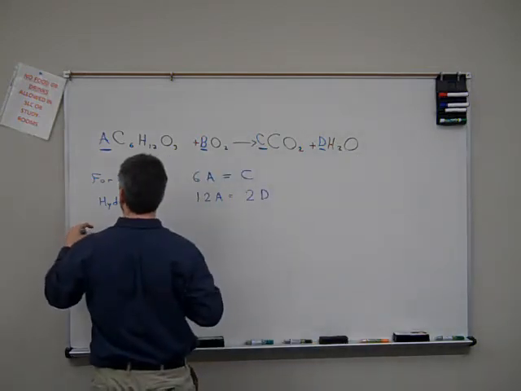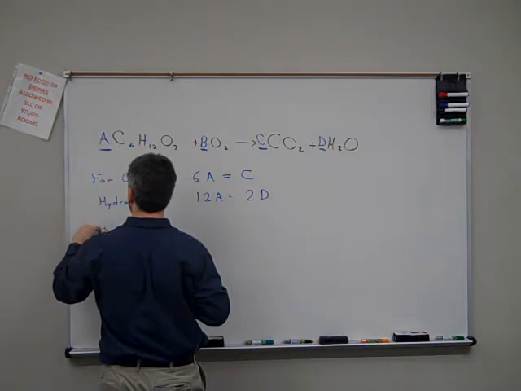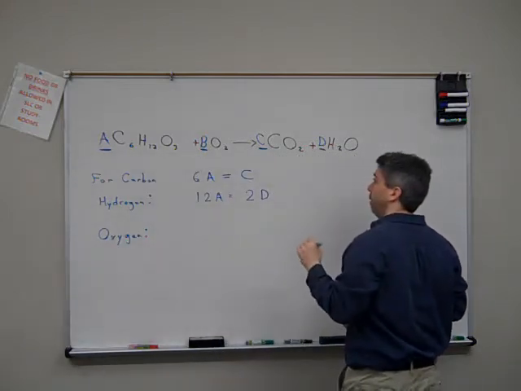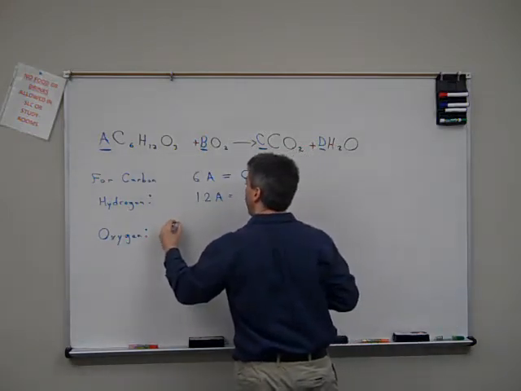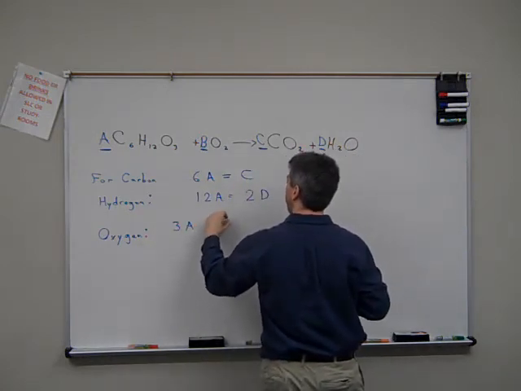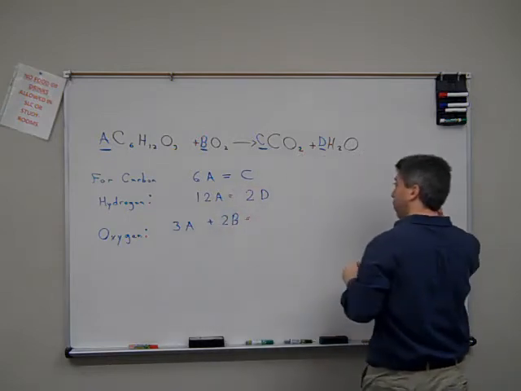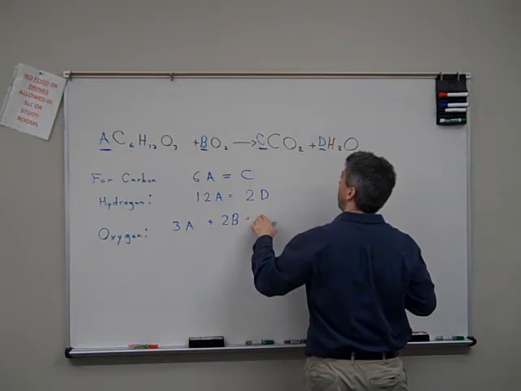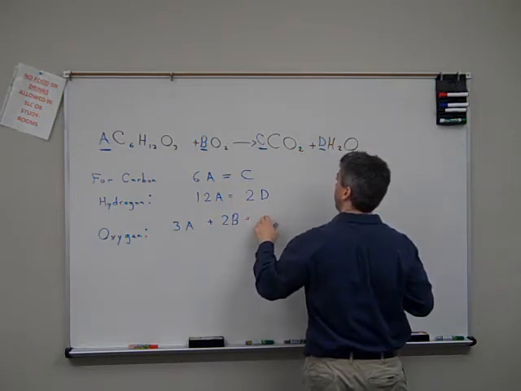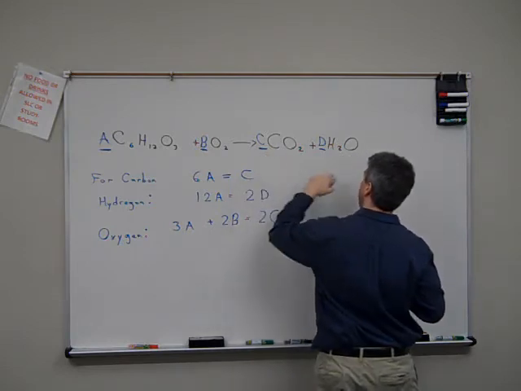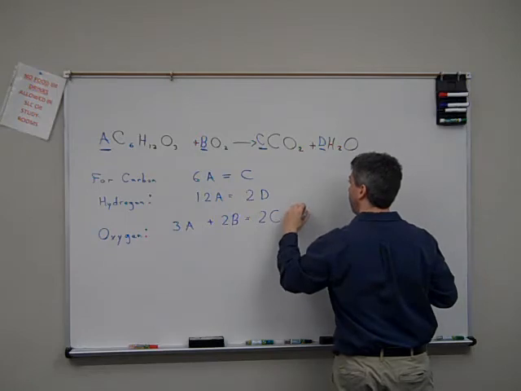Now for the most complicated of the equations, oxygen. So for oxygen, I have 3A plus 2B is equal to 2C plus 1D.